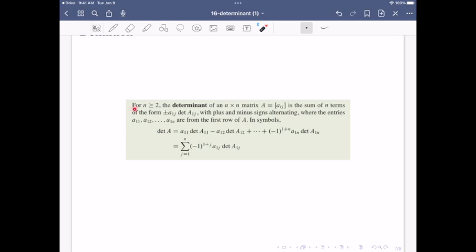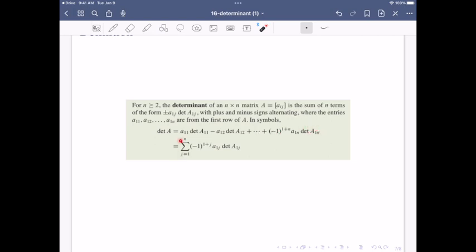For a given n greater than or equal to 2, the determinant of an n by n square matrix is the sum of n terms of the form plus or minus a1j times the determinant of A1j, the minor, with plus and minus signs alternating, where the entries a11, a12, ..., a1n are from the first row of A. So the mathematical expression is the determinant equals a11 det A11 minus a12 det A12 plus and minus, alternating, all the way to the end.